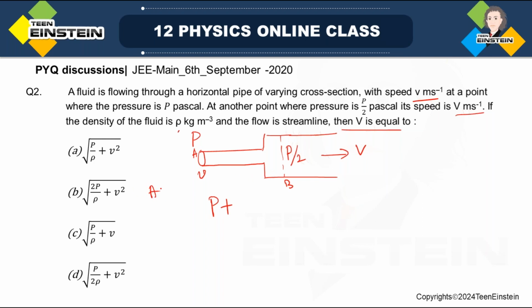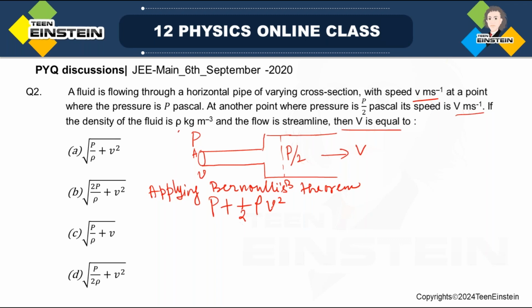So pressure energy P plus kinetic energy per unit volume, that will be half rho v square.